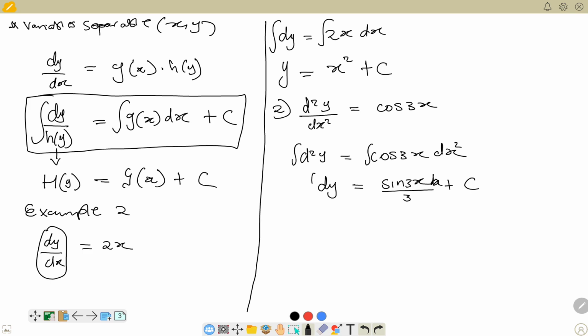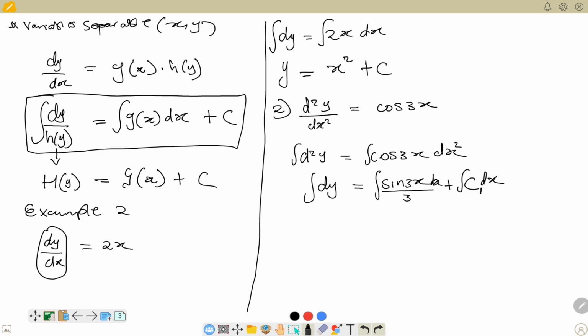Because I still have dy and I still have dx, I integrate again. Let me integrate this constant with respect to x. When I integrate again, I'll get another constant.